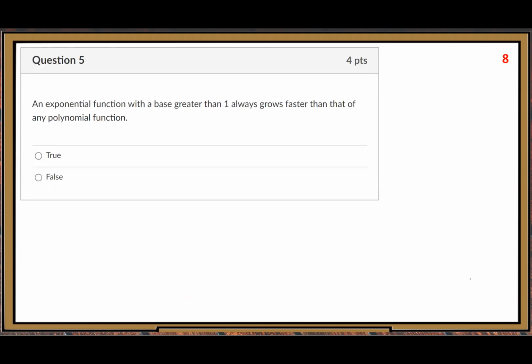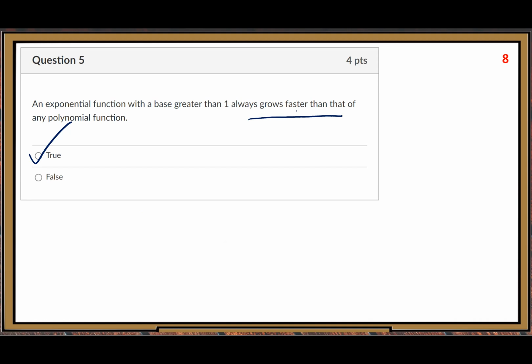Number 5: an exponential function with a base greater than 1 always grows faster than that of a polynomial. We can say true. When we say grows faster, we describe some behavior in the future.